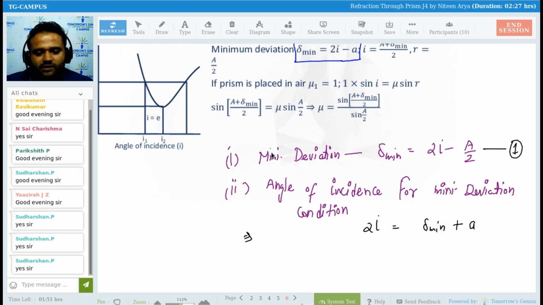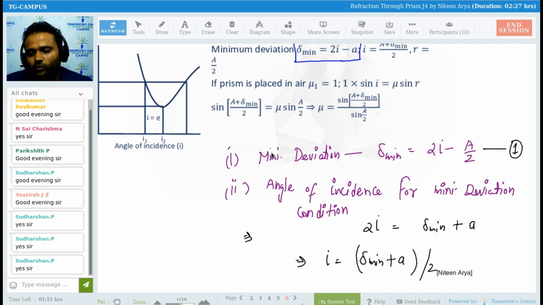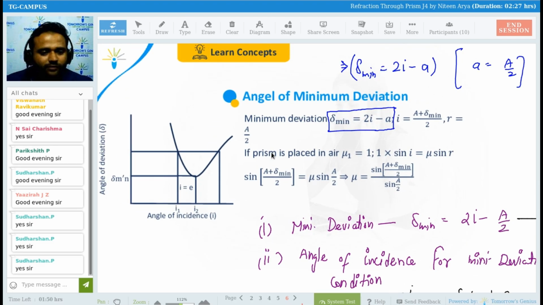And then angle of incidence I is going to be del min plus A divided by whole 2. So we can find angle of incidence also. Already we know the angle of refraction for minimum deviation condition is A by 2. Everything I am doing right now is for the condition of minimum deviation.